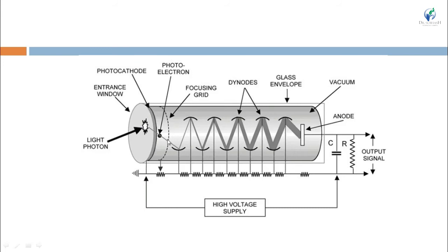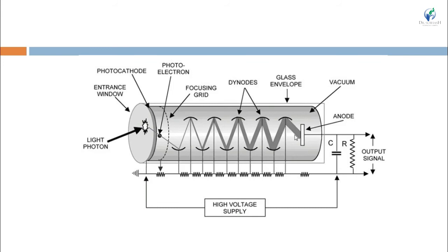Then after the cathode there is a focusing grid, then these half circular pieces are diodes, and in most photomultiplier tubes up to 10 diodes are used, and after the diodes there is the anode. Means between cathode and anode diodes are used. Diodes have the property of both cathode and anode, and so they are known as diodes.